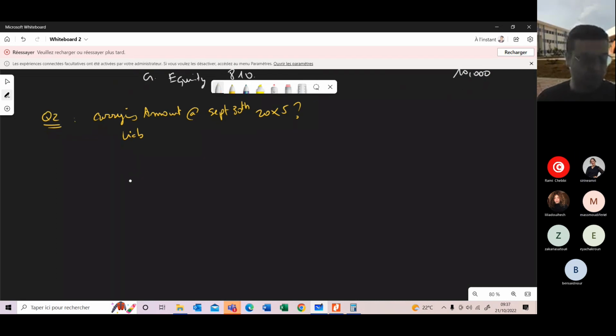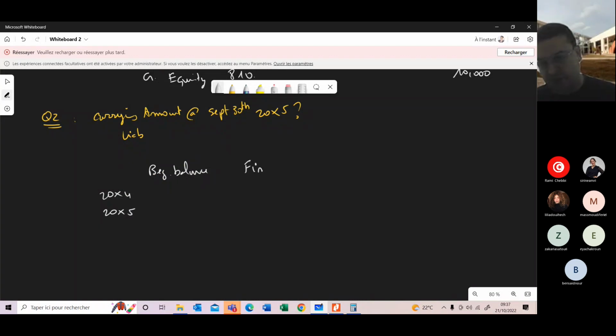Amortization table. That's right. You go for the beginning balance, 20x4, 20x5. Of course, you need just the 20x5 ending balance. We can stop there.